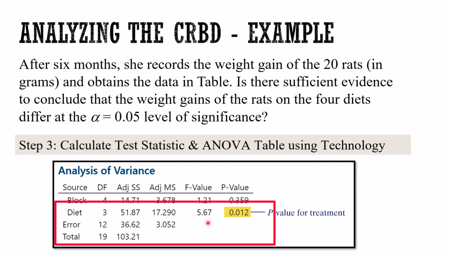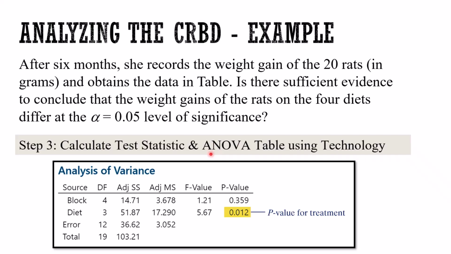The p-value is 0.012. All right. And the values in the total row, this 19 for the DF is really the sum of block plus diet plus error DF values, which gives us 19. For SST, it'll be again the sum of 36.62 plus 51.87 plus 14.71, which gives us 103.21.